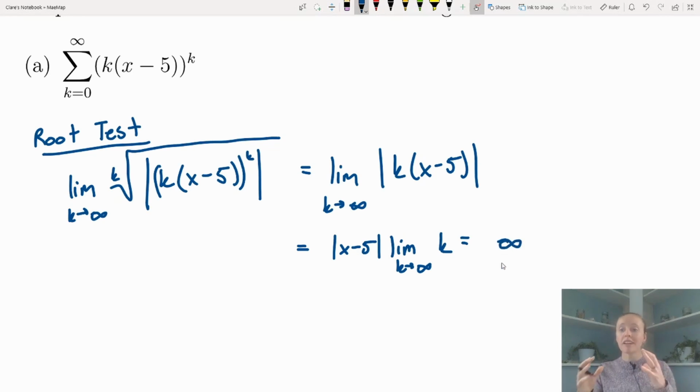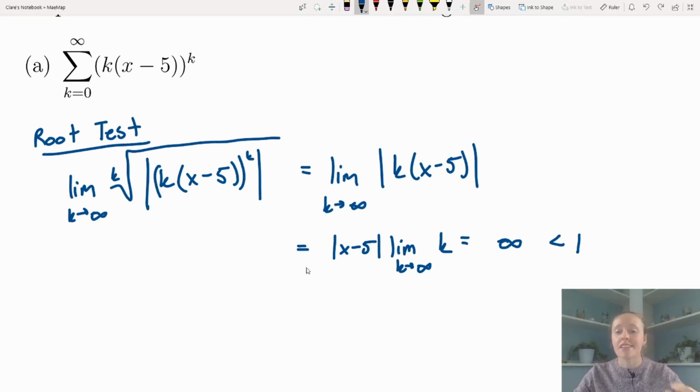So because we got infinity for that limit, what test did we do? We did the root test. So the root test tells us that our series converges when that limit is less than 1. So in this case, when is infinity ever less than 1? Well, it's not, except for when we're multiplying whatever k value we have by 0.